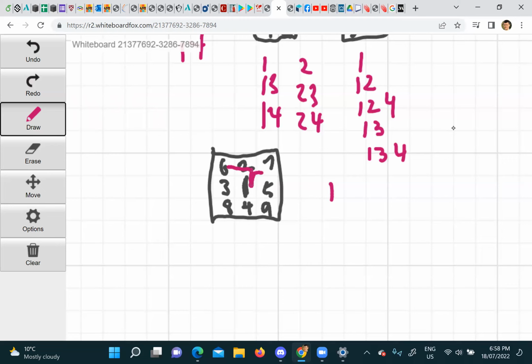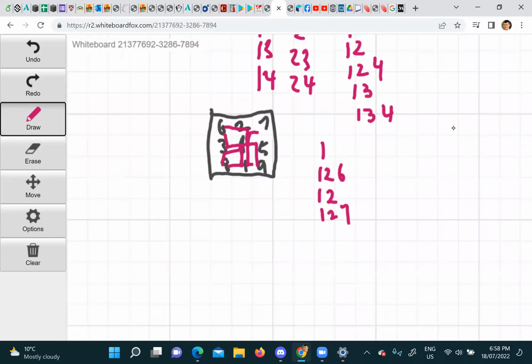It could go 1, 5, 9. I could go 1, 4, 9. I could go 1, 3, 6. I could go 1, 4, 8, 1, 3, 8. Okay. So basically 1, 2, 6, 1, 2, 1, 2, 7. So it's symmetric in each direction, yeah.